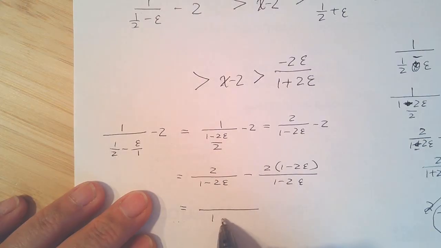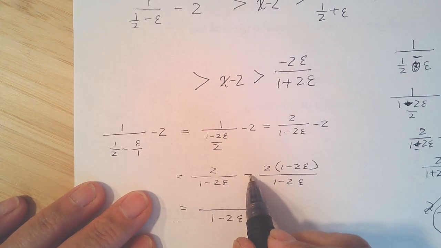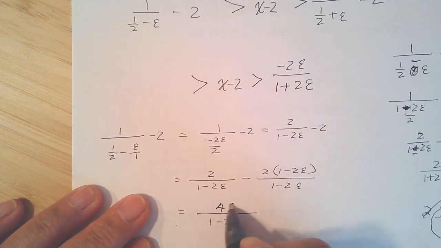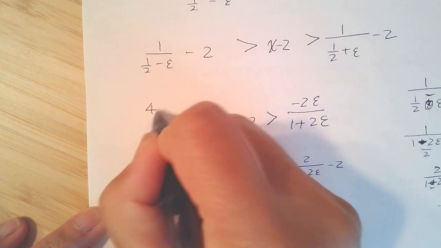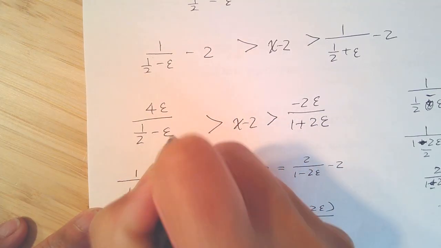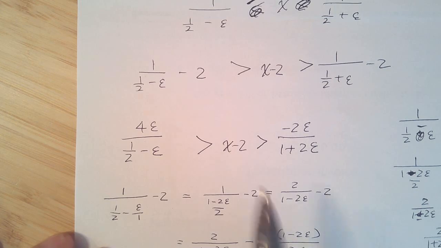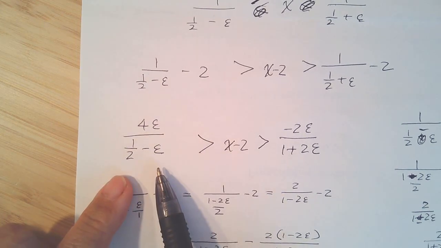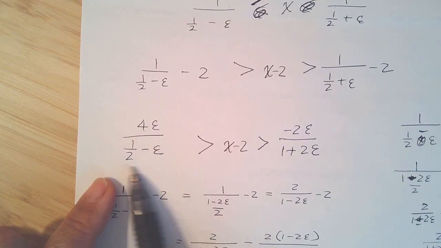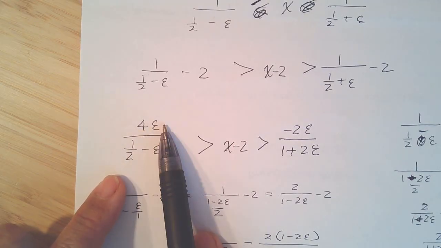The denominator is 1 minus 2 epsilon, and the numerator 2 minus 2, which is gone, and this negative becomes positive of 4 epsilon, so I get 4 epsilon over 1/2 minus epsilon. And remember, I assume my epsilon is less than 1/2, so this is a positive number, and here is a 4 epsilon over that.